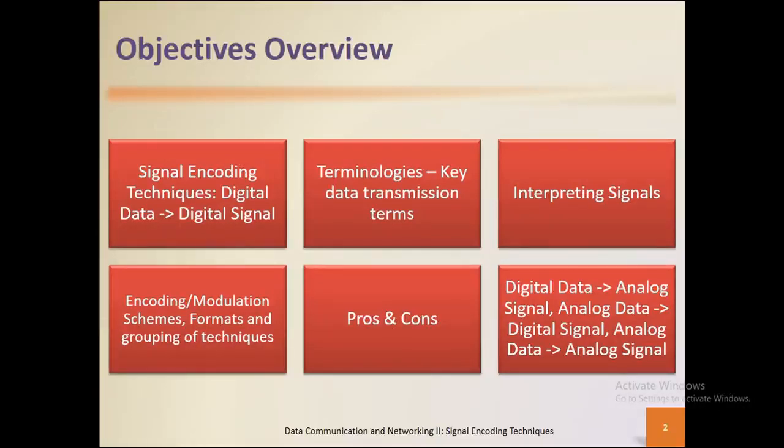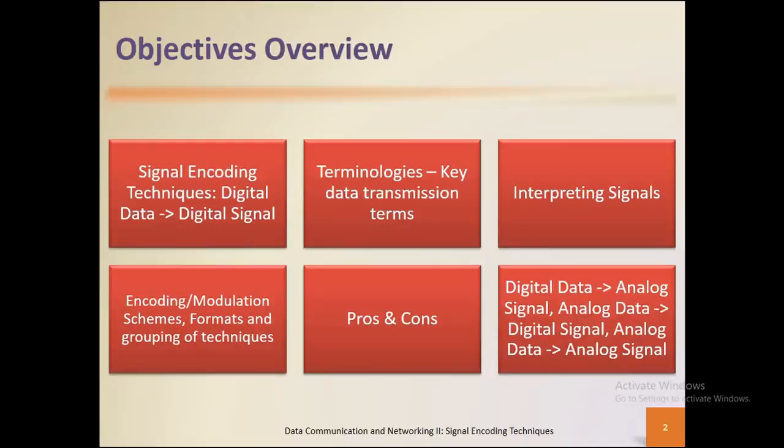Some terminologies that we'll look at. Of course, it's very important to know some of the terminologies involved in signal transmission, so at least when you are describing them, you know how to relate to them. We'll also be looking at the interpretation of the signals.